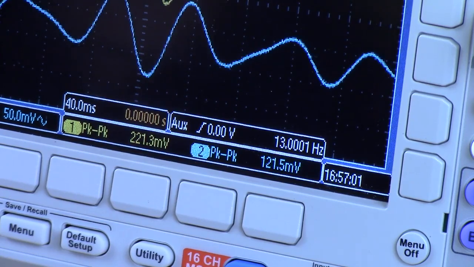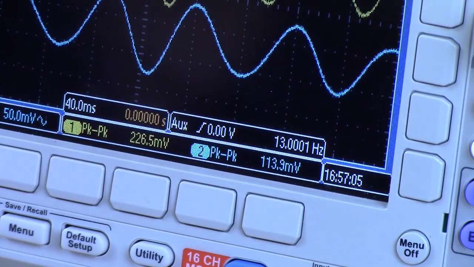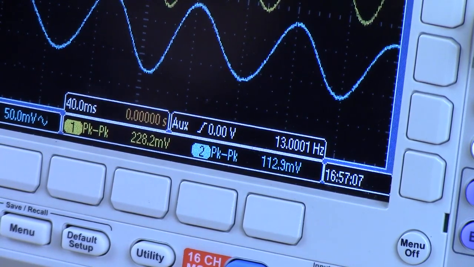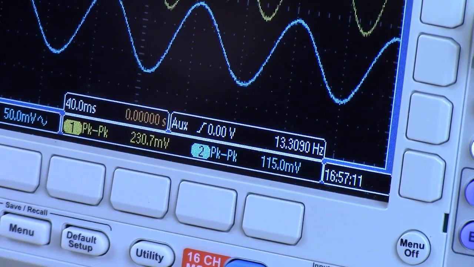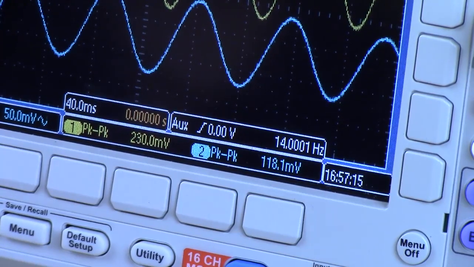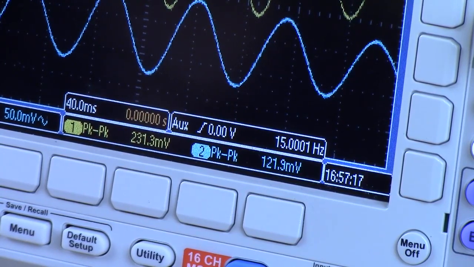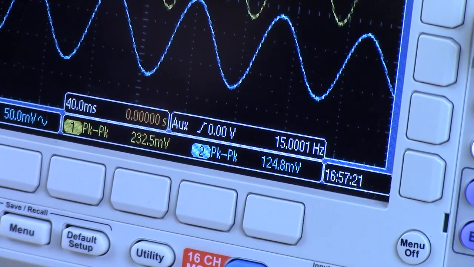So what I did is I changed it so that instead of averaging over 64 samples, it just averages over 16 or 32, and the waveform comes back more quickly. So we're at about 117. We want to go for 123. That's probably about as close as we're going to get it.